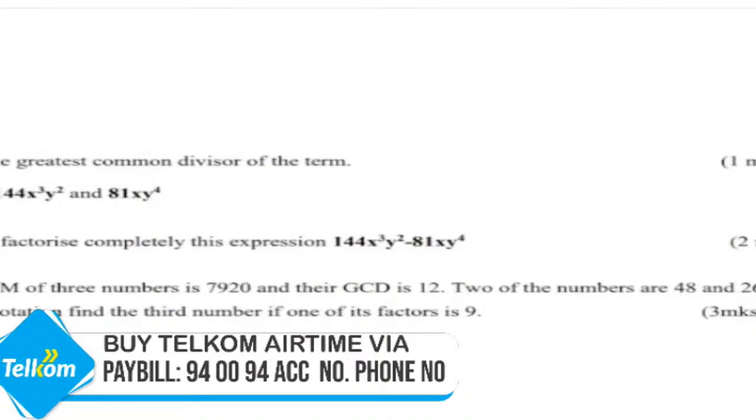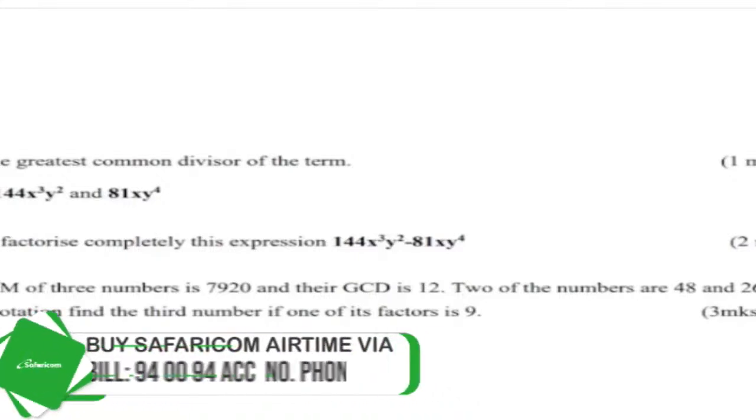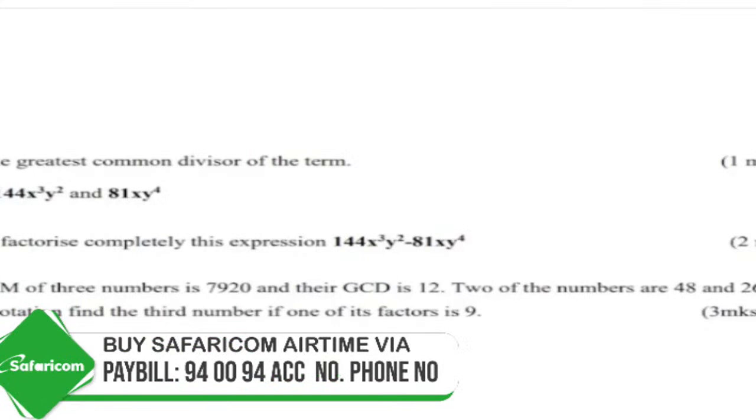Two of the numbers are, one is 48, the other one is 264. Using factor notation, find the third number.